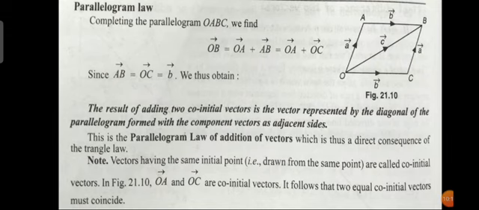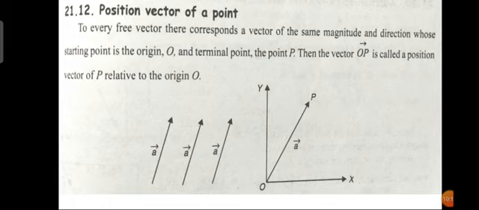The next is position vectors, which we mentioned in the previous class but not completely, so I am mentioning it one more time. A position vector is a vector whose starting point is the origin and whose terminal point is the point P. That is, vector OP is the position vector of P relative to the origin.